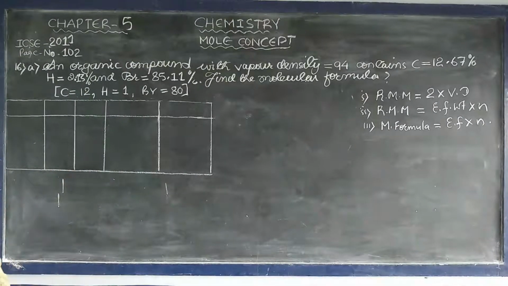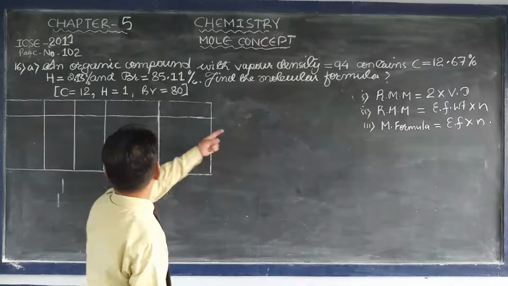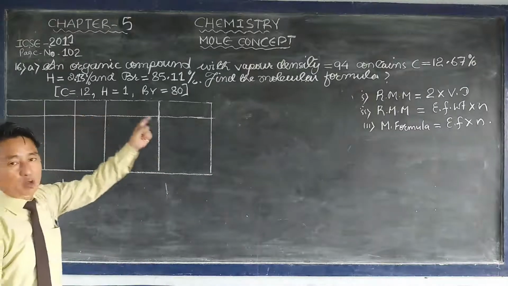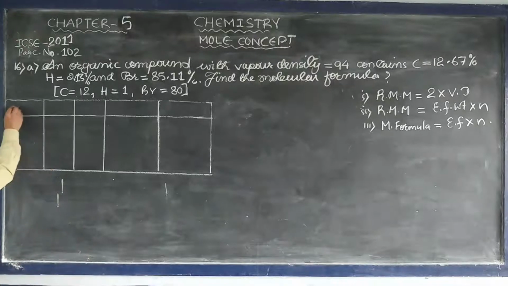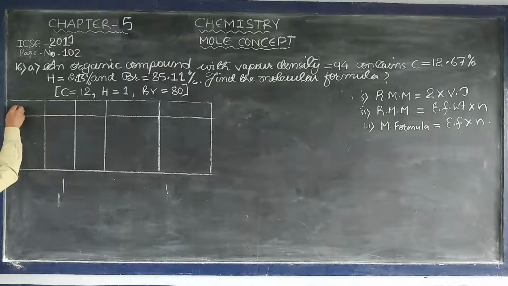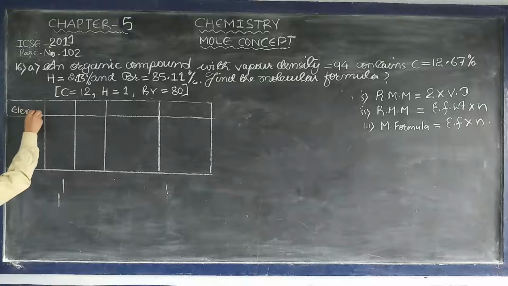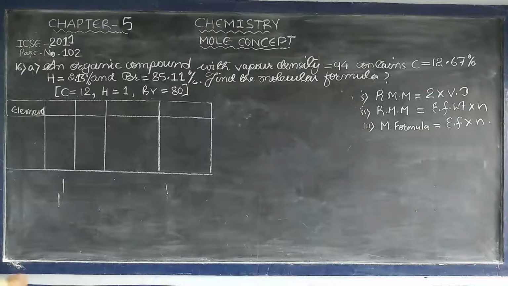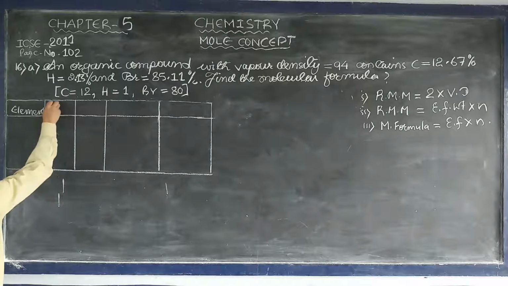So here, as you can see, what are the elements present? Carbon, hydrogen and bromine. Here first column we'll write element. Now we'll write here percentage composition.